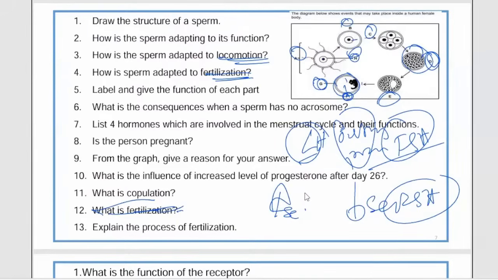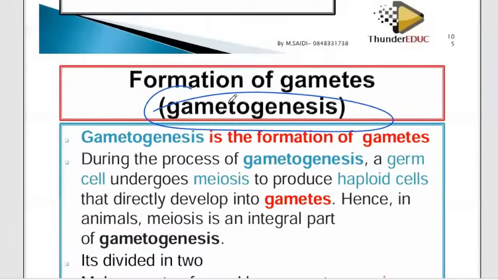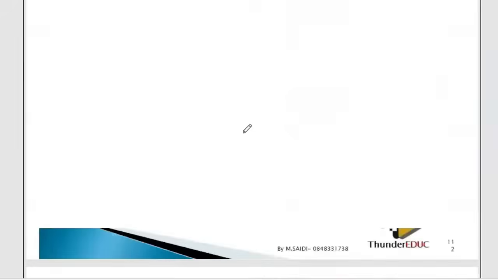Here they're asking you to explain the process of fertilization. When the sperm approaches the ovum, the acrosome of the sperm will release the enzyme which will digest the membrane of the ovum so that the haploid nucleus of the sperm can enter and fuse with the haploid nucleus of the ovum to form the diploid zygote. Basically that's what they are looking for.